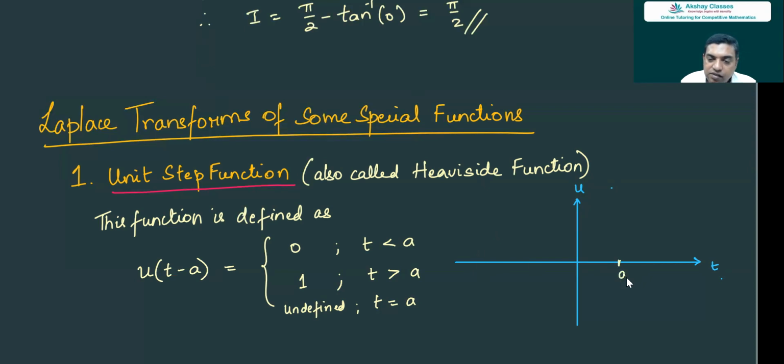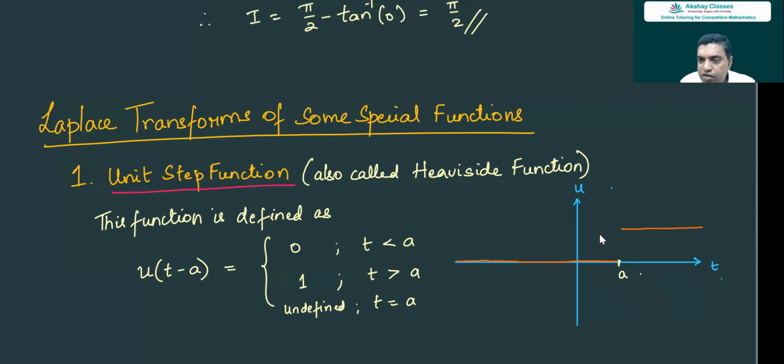So the graph will look like this, this is A, and till t is less than A, the value of the function is 0. At A, it is not defined. Just after A, the function value is constant 1. So this is called as the unit step function.